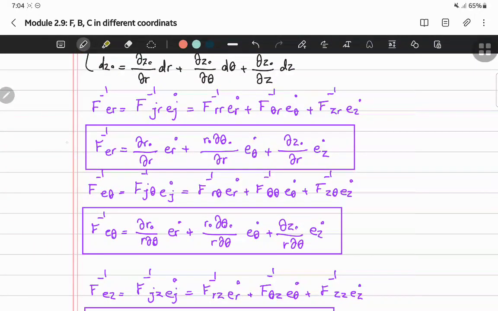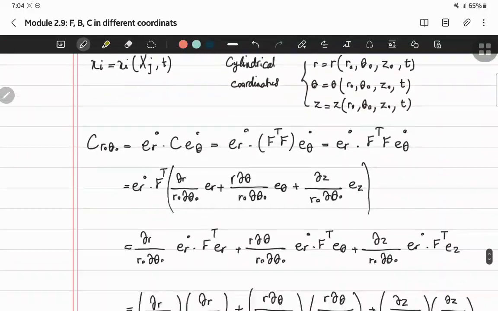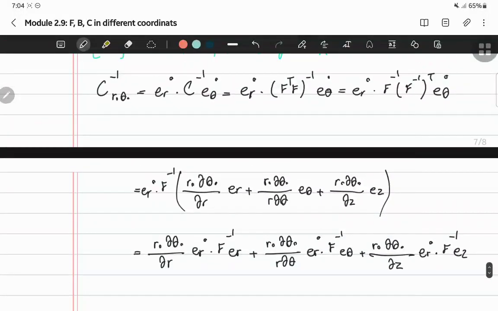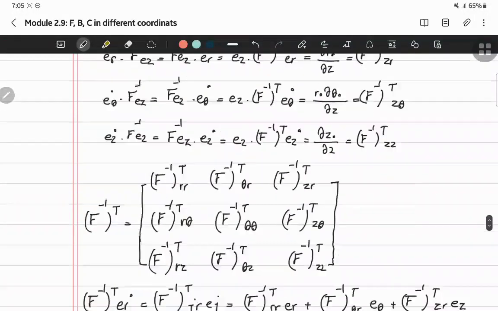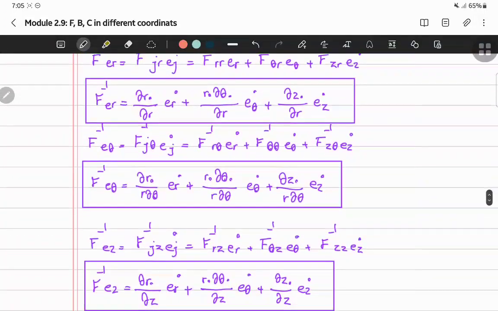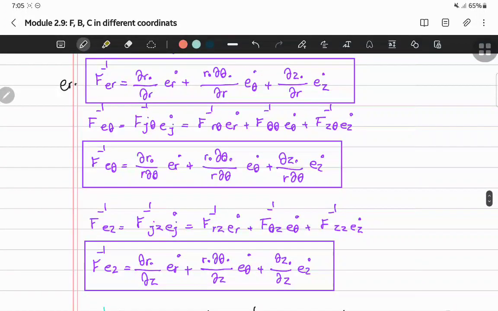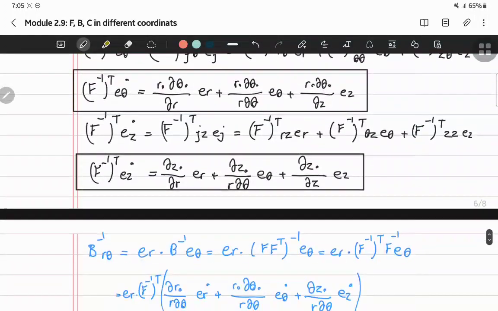So we're going to find ER0 dot this F inverse ER. So ER dot this, ER dot this, and ER dot this, which leaves us with the first terms in here.